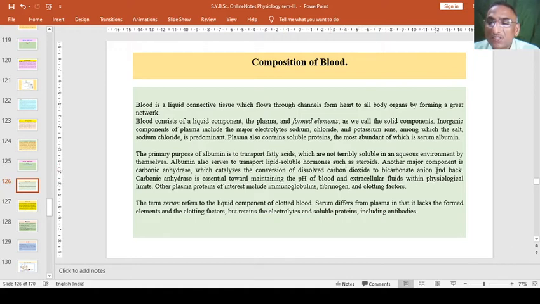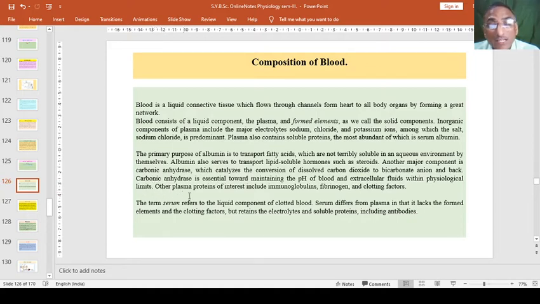Another major component is carbonic anhydrase, which catalyzes the conversion of dissolved carbon dioxide to bicarbonate anions and back, so this reaction is reversible. Carbonic anhydrase is essential for maintaining the pH of the blood and extracellular fluid within physiological limits.